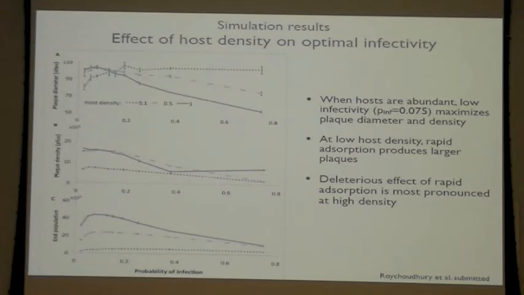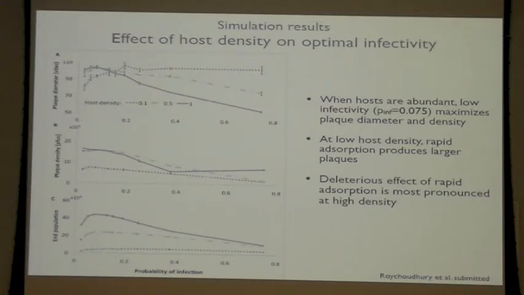In the opposite scenario, when hosts are scarce, then it's better to have rapid absorption, because there's an implicit trade-off between competition for nearby hosts versus diffusing to hosts that are further away.